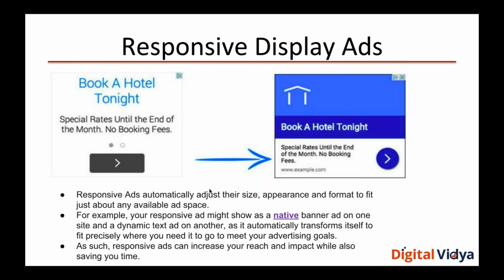If it allows only a text ad, it will adapt itself into a text ad, and without any image or logo, the same ad which was created as an image ad will show up as a text ad. That is why it is called a responsive ad. It responds to what kind of ad space is available in front of it, and it can adjust its size and appearance to fit it. Is the concept clear? How you create it, we will see on Thursday.